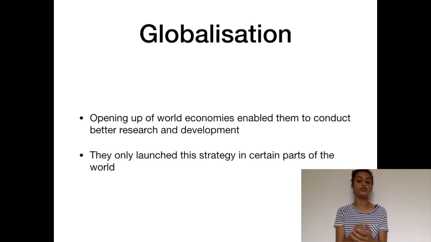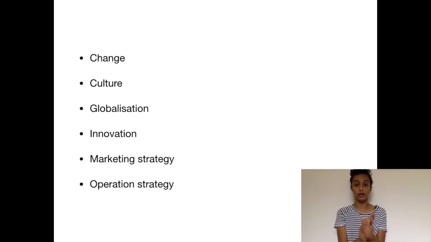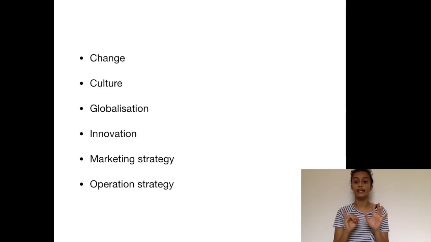So I could use this piece of information in an essay about globalization. So see, we can link this one piece of information to change, culture, globalization, marketing strategy, operation strategy, and innovation. So that's 6 concepts we can link it to.